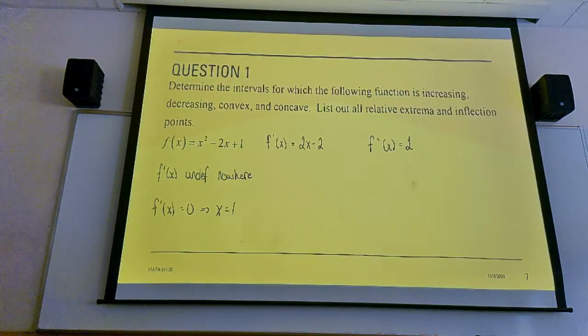Should easily see that's going to lead to x being 1. Is that in the domain of f? You weren't given a domain, so I assume it's all real numbers, correct? You're not explicitly given a domain, but there is implicitly a domain that is given. And yes, it is all real numbers. Okay. So yes, this is in the domain. That's a critical point.